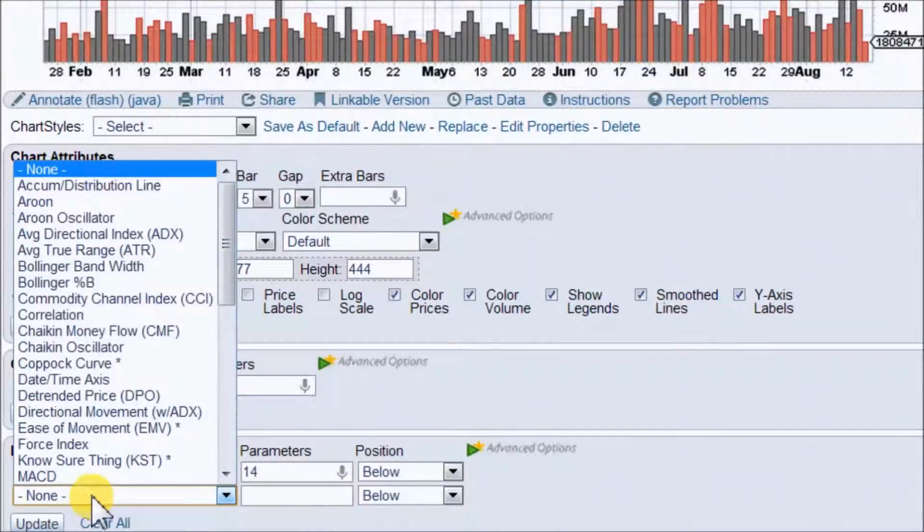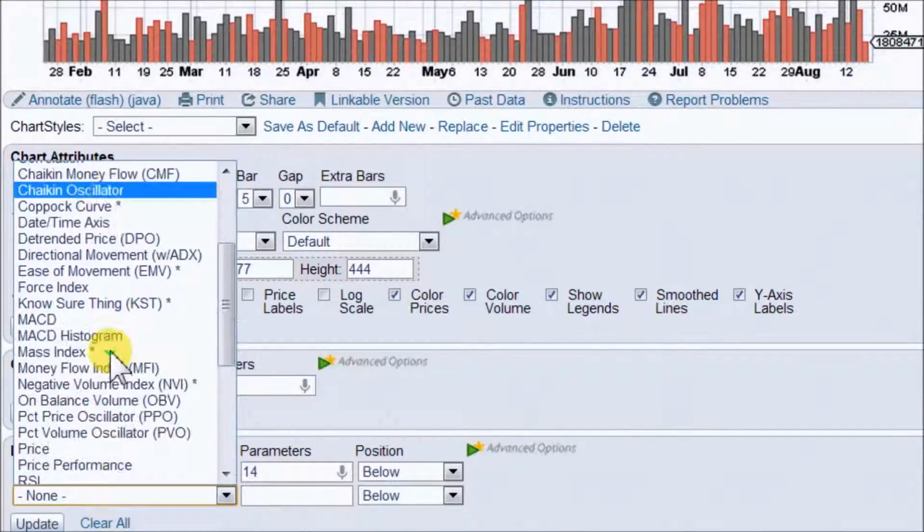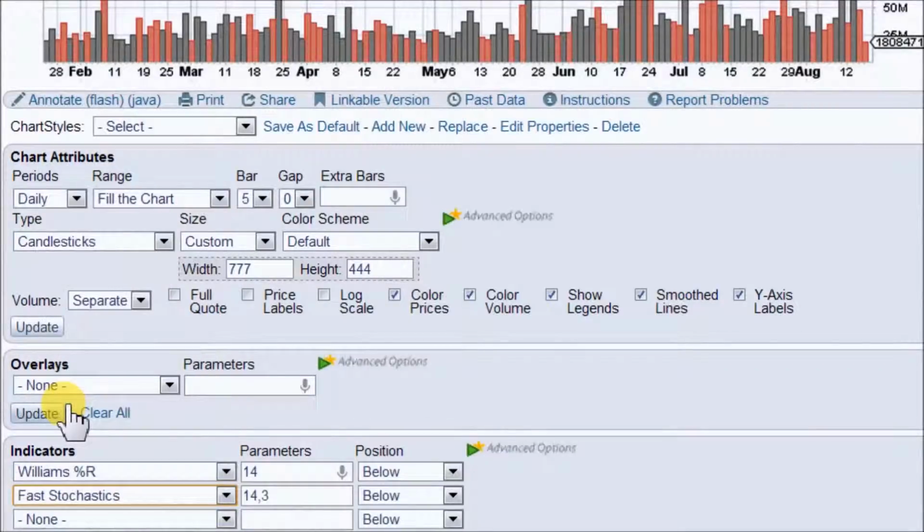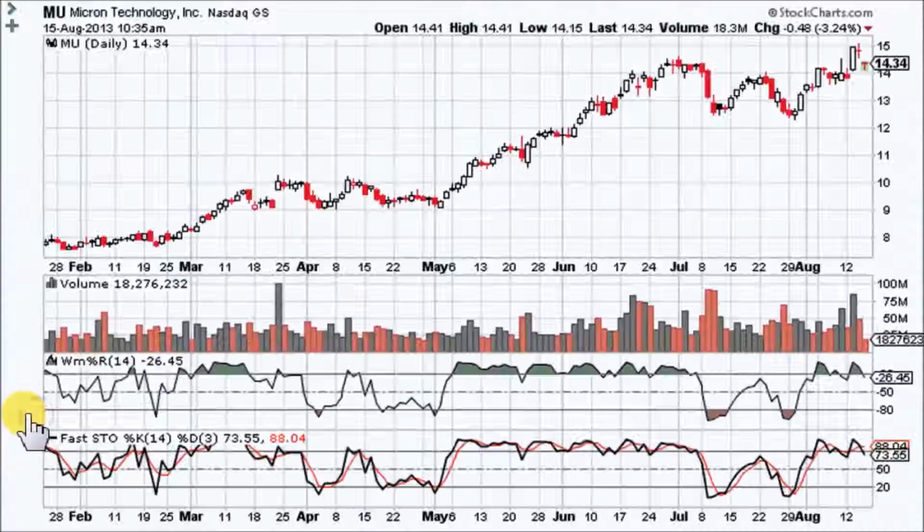Let's go ahead and load up the fast stochastics because it is the exact opposite. It also has a period of 14,3, which is the signal line. Let's click update. Now, Williams percent R set at the 14 period has a reading of minus 26.45, whereas fast stochastics set at the 14 period has a reading of plus 73.55.